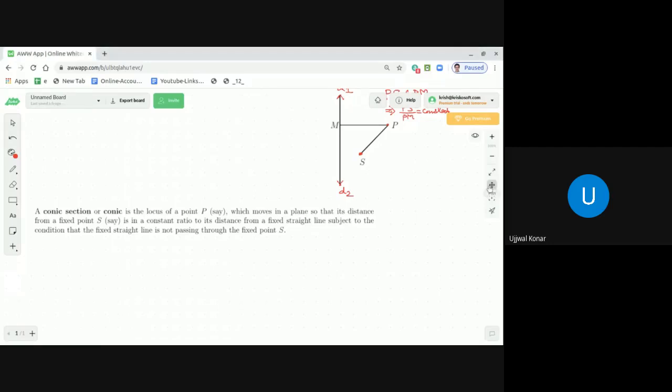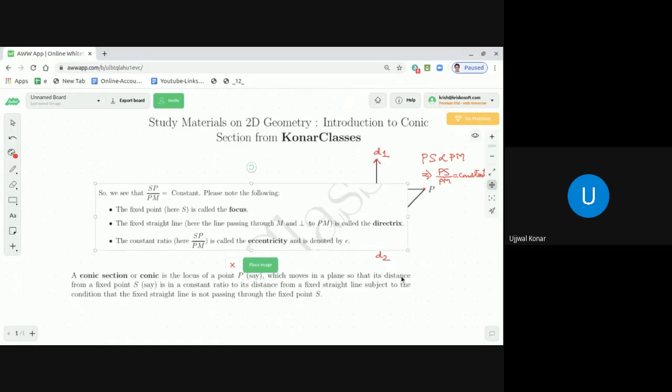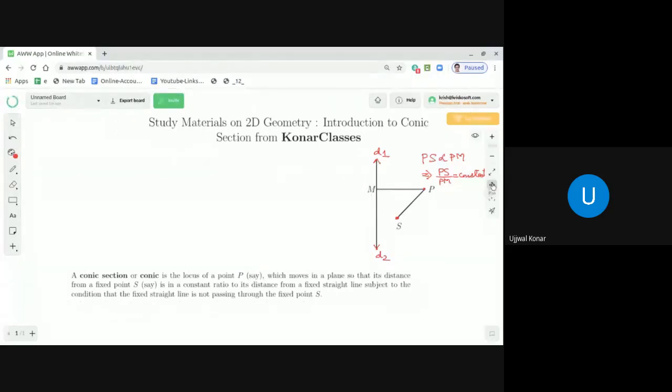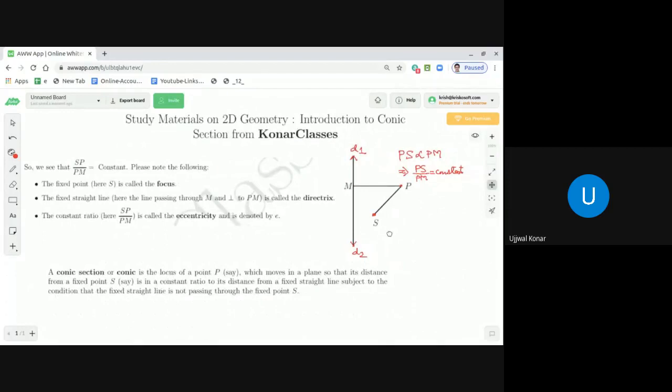So let me write it down here. We see that SP by PM is equal to a constant.